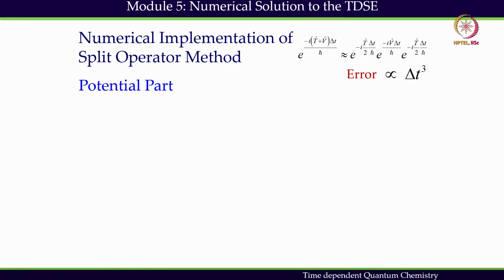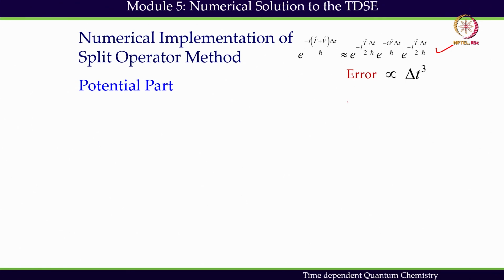For that implementation, we have to note that the final numerical implementation of the symmetrized split operator based time propagator, which we have shown here, requires us to present the kinetic and potential energy matrices in the diagonal form, because that's the trick we are going to use.